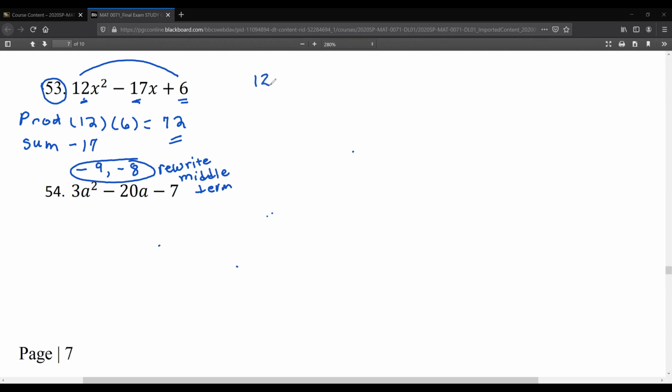We have 12x squared. Using these critical integers, we have minus 9x minus 8x plus 6. The direction says to factor. Okay, let's do it. You've got four terms. What do these two terms have in common? 3x.